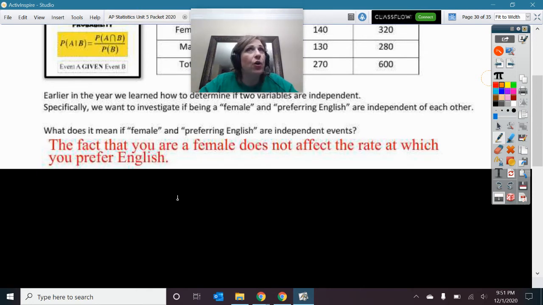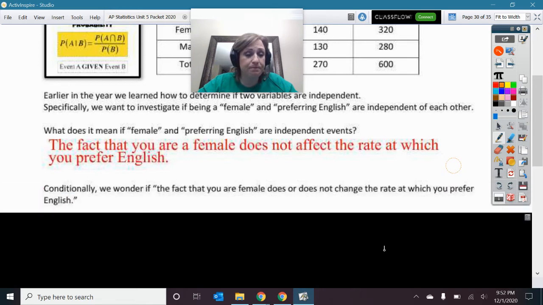Okay. So the females are preferring English at the same rate as the overall. Remember when we did conditional probability and we compared to the overall marginal probability? So keep that in mind as we move forward.